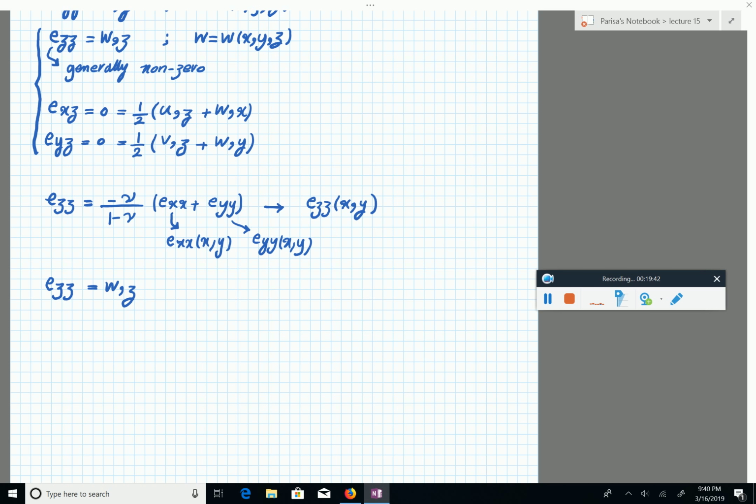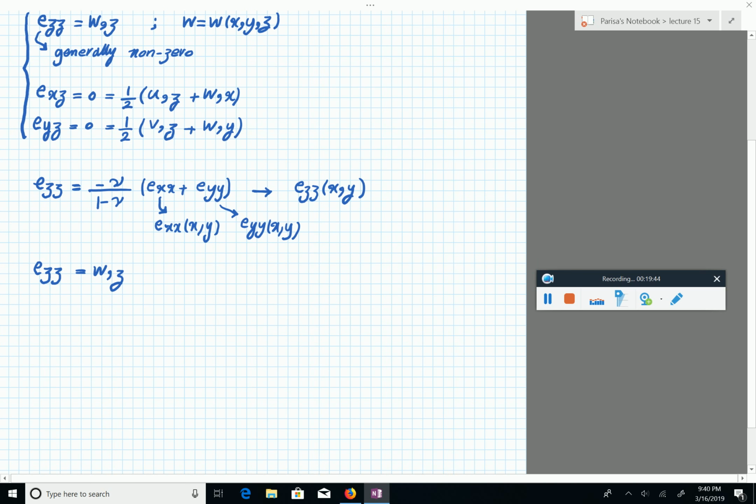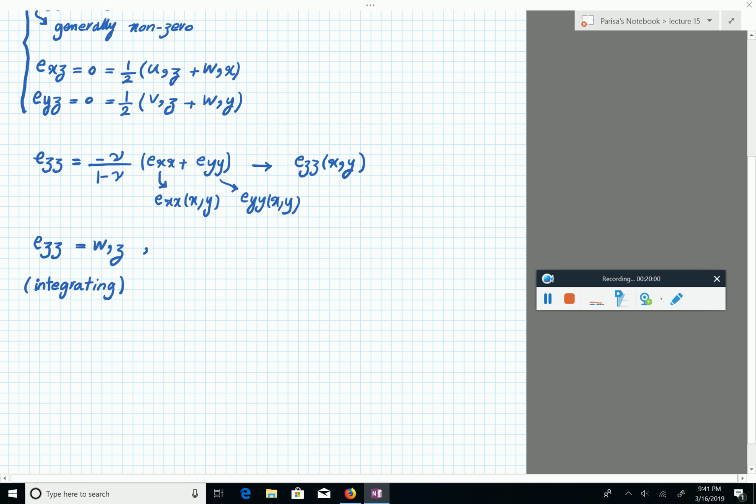So if we integrate, since Ezz is not a function of z, it is a constant, so we can basically conclude that w would be a function which is linear in z.